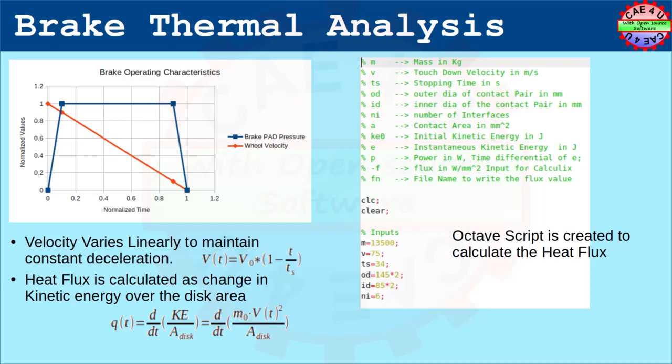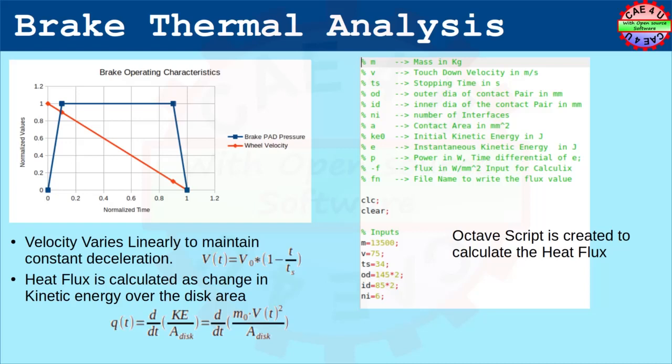Further, the instantaneous velocity calculated through this simple equation is used to calculate the change in kinetic energy. Normalizing with the area participating in the frictional contact, the heat flux can be evaluated and used for the thermal calculation.